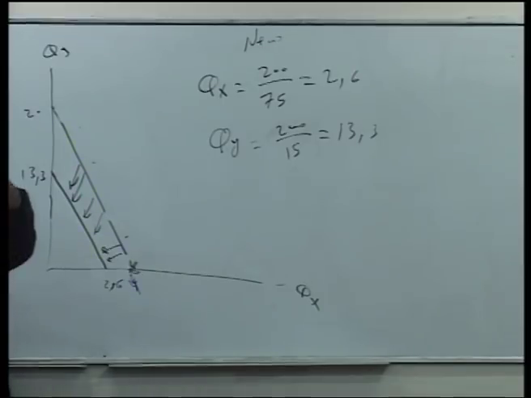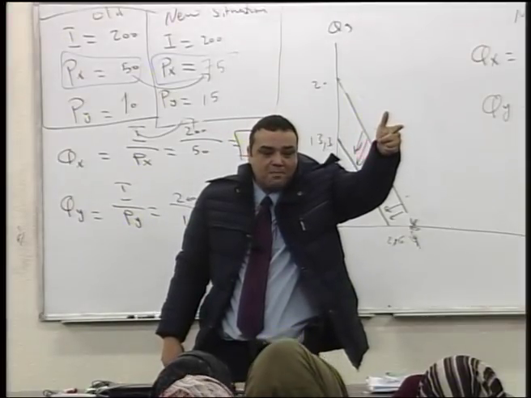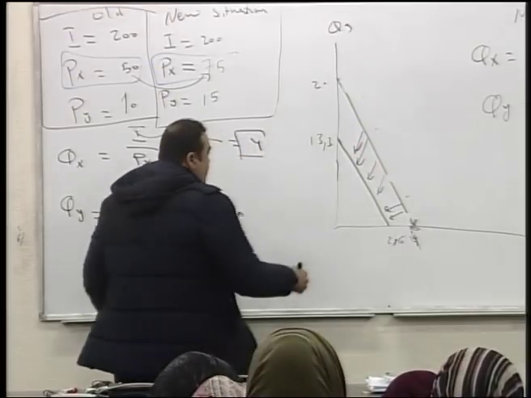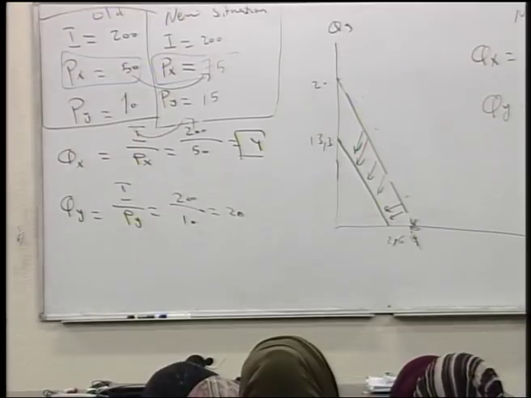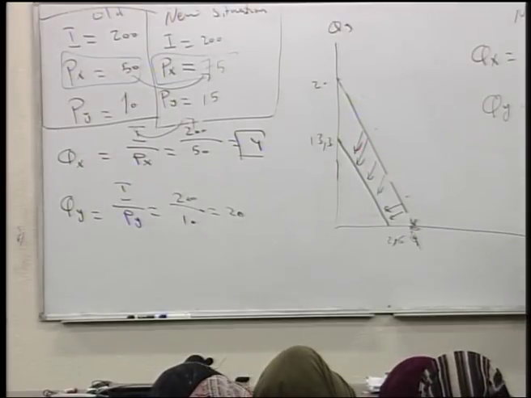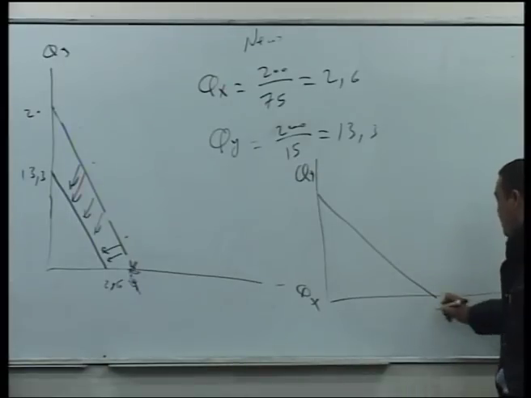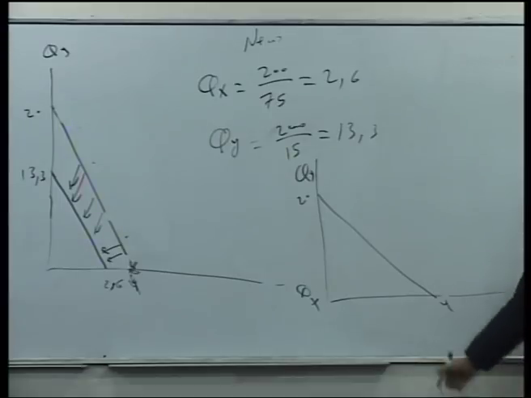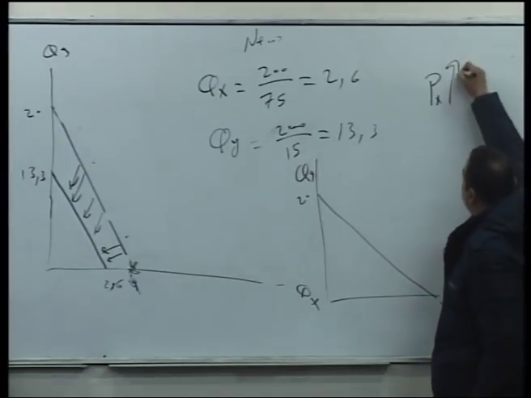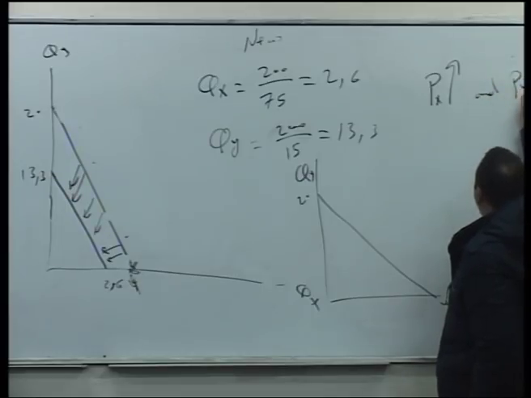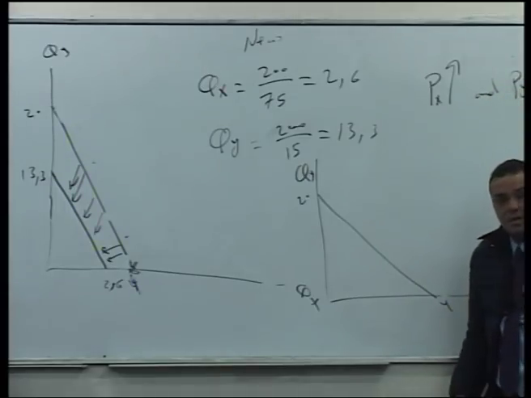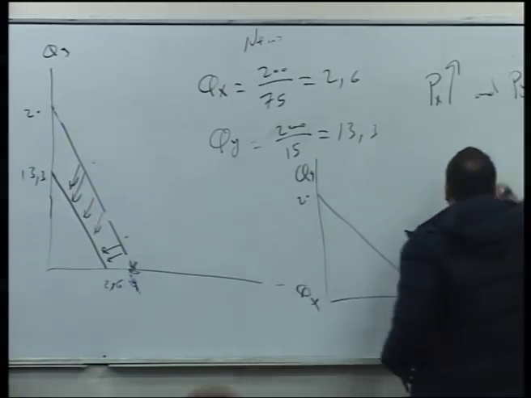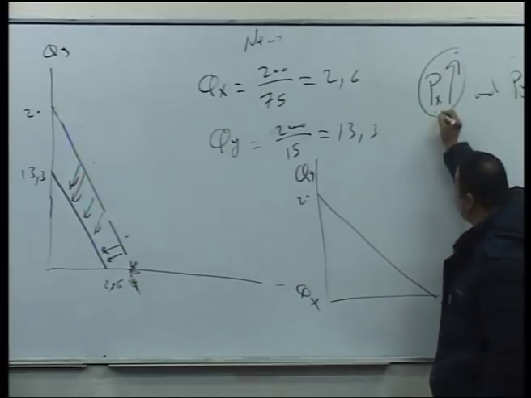Sometimes the price of X goes up and the price of Y goes down. What will happen here? Sometimes this is the original situation, QX and QY, 4 and 20. Let us assume that the price of X increased and the price of Y went down. In this case, the quantity purchased of X will go down, as the price of X goes up.